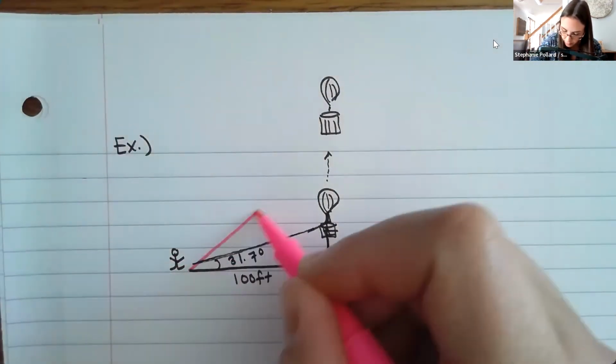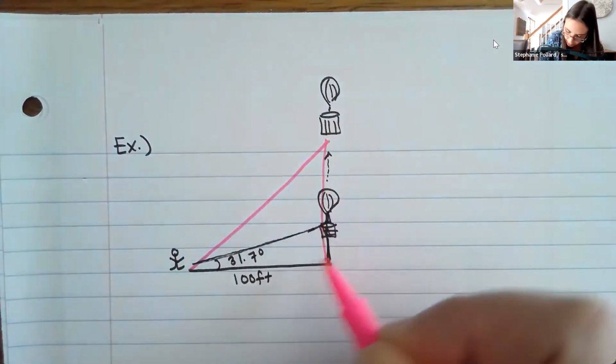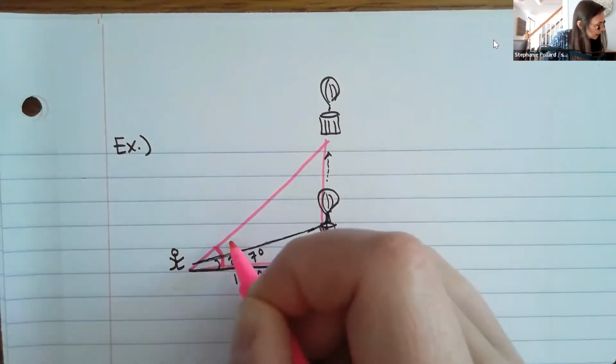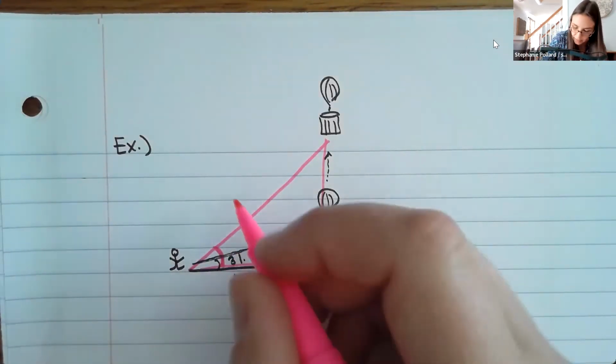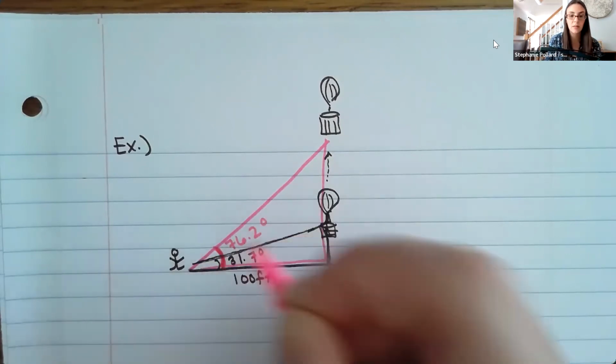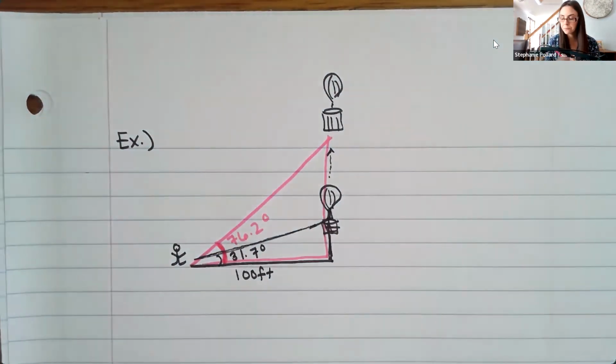Now, looking at this triangle, your angle of elevation, I'll do that one in pink, is going to be 76.2 degrees. And that's the whole thing, not just the top part, right? The whole angle there. And let's say a minute has gone by. So it's been about a minute and you've gone up pretty quickly. Our question is, how far did you travel during that minute?